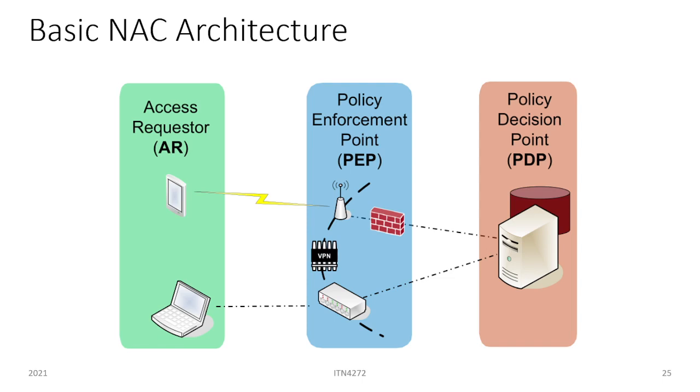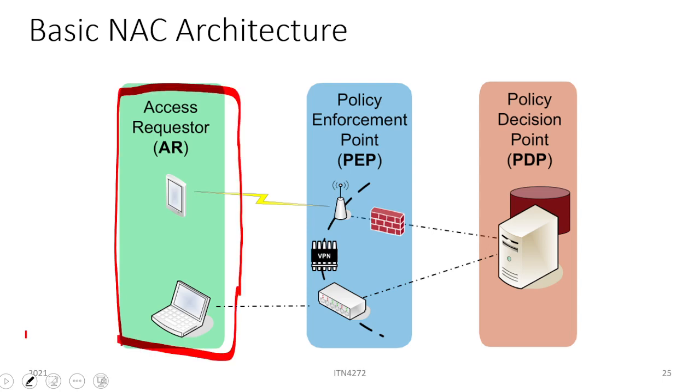So when we think about the security architecture of a standard network access control, this is how we would have the architecture in a standard network access control environment. We will have the access request, and they will connect to the policy enforcement point, and we will have a policy point again.